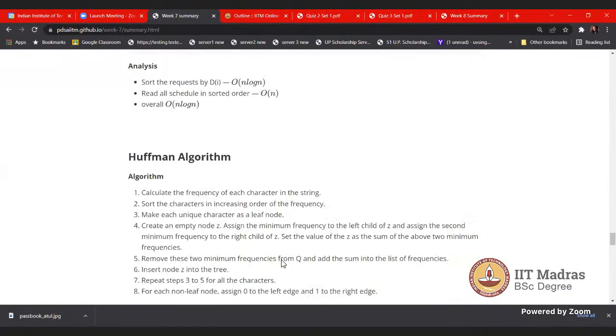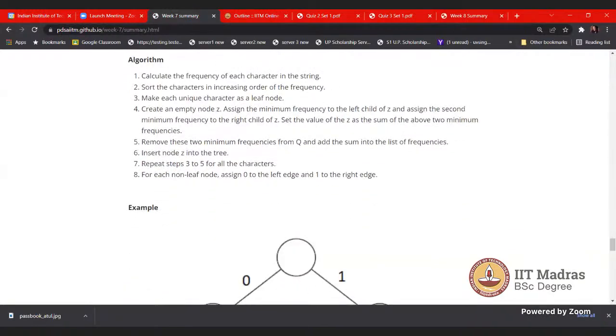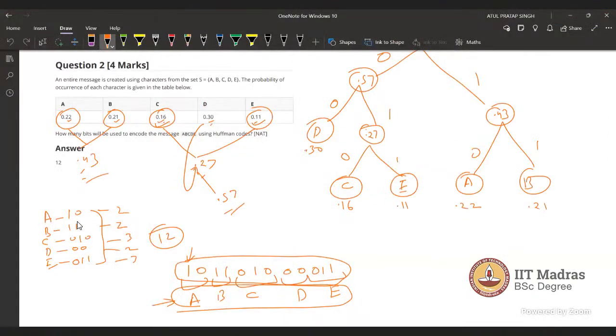All codes are prefix codes, meaning any code, for example this. If you see the code 1 0 1 1 0 1 0 0 0 0 1 1, if you see all the codes, there is no code which comes as a prefix of another code.